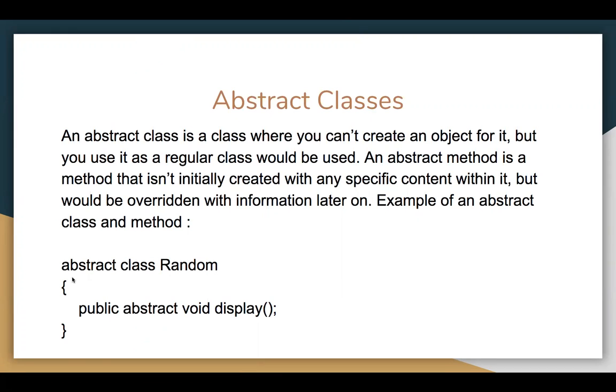Otherwise, it seems all the same. There's still the brackets. Notice here that this is what we call an abstract method. It looks exactly the same as a regular method, except it has the abstract keyword right before the return type. It also doesn't have a body, and it has a semicolon at the end of the parameter parentheses.